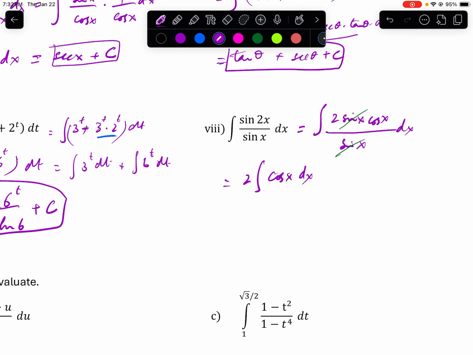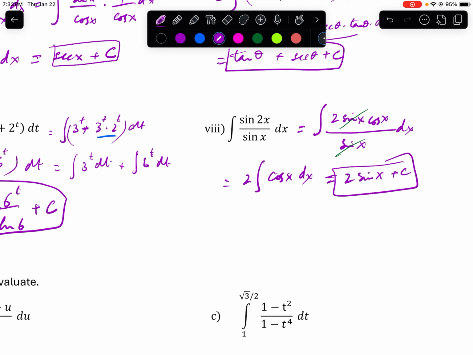Now what is the antiderivative of cosine x? It's sine, we know, but will it be positive sine x or negative sine x? This is something you have to remember, because sometimes students make a mistake here. So the 2 just stays, and the antiderivative of cosine x is sine x plus c. That's simple. How can you remember this?